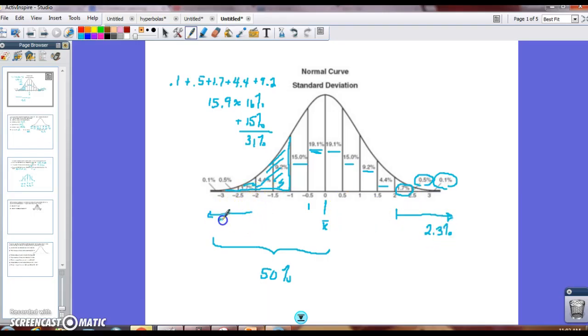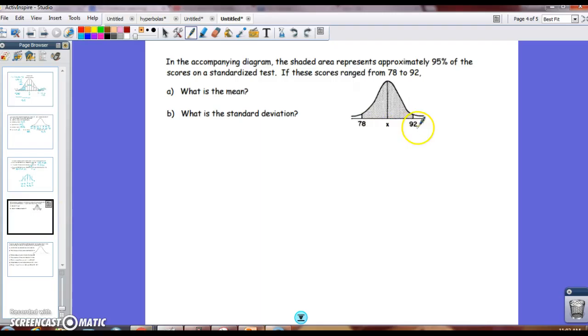Down here, that's also 2.3%. If you add that up, that's 4.6%, so it's almost 5%. So anything more than 2 standard deviations away is going to account for roughly 5%. What I'm saying is within 2 standard deviations on either side, that's roughly 95% of your data. So these numbers represent within 2 standard deviations of the mean.